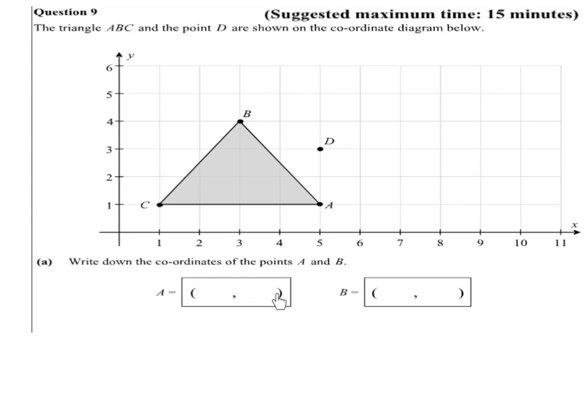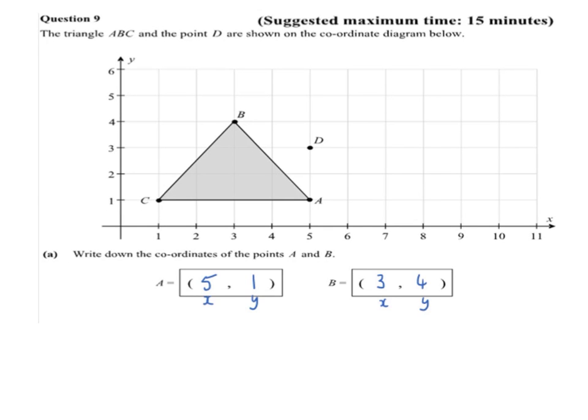So into this box here, we put the coordinate of point A, and into this box here, we put the coordinate of point B. So a coordinate is always written with a bracket, a number, a comma, a number, and another bracket.